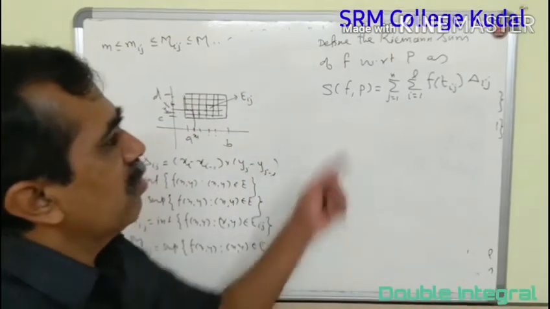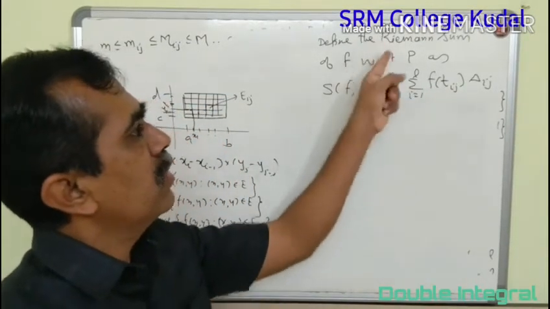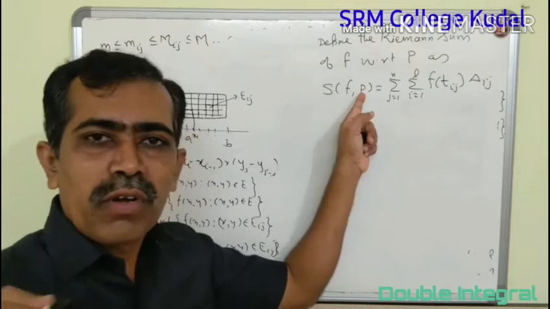This is how we define the Riemann sum of a function f with respect to a particular partition P.